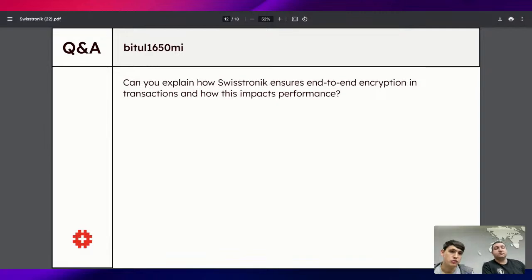You choose which one to use, and if you use the end-to-end encrypted one, you encrypt the data with the node's public key, which is the key derived from the private key of the SGX enclave. And so you encrypt the data with the node's public key and your private key.